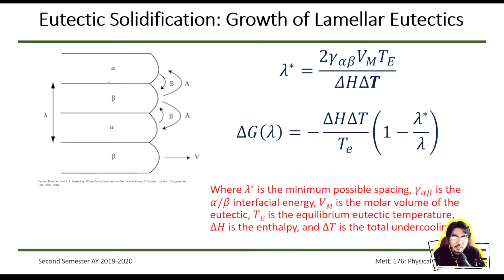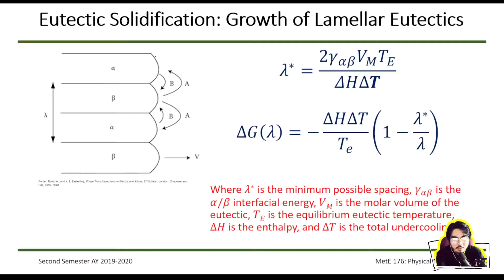What happens is that your alpha, which is the A-rich phase, and beta, which is the B-rich phase, are constantly rejecting solute, because when we solidify, we reject solute. The rejected solute goes to the neighboring solidification front.